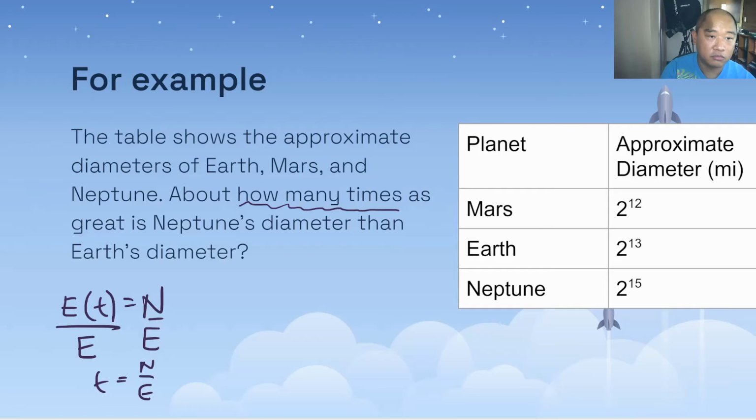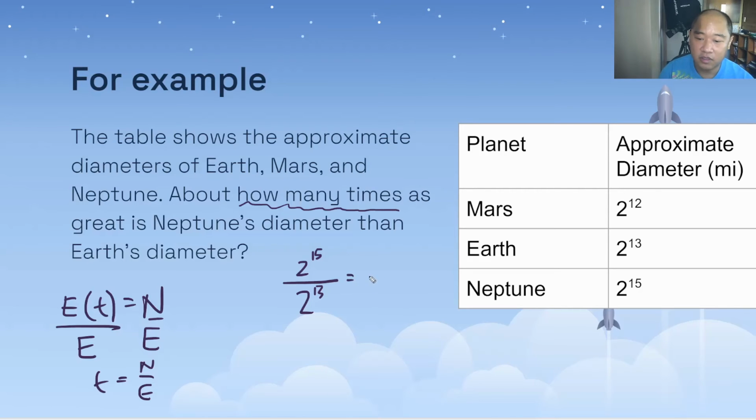I hope so. So the diameter of Neptune is 2 to the 15th. And we're going to divide that by the diameter of Earth to find how many times as great it is. This is the proportion, the ratio of those two things.